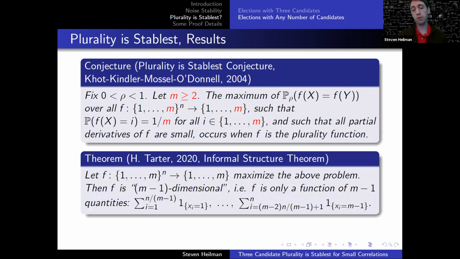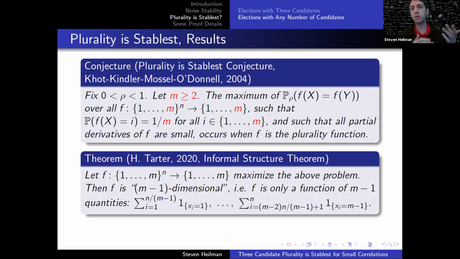So this is really the main theorem: if your function f maximizes, is the solution of this conjecture, so it is the function that maximizes the probability that f(x) equals f(y), then f is m-1 dimensional in the sense that it's a function of m-1 chunks of votes.